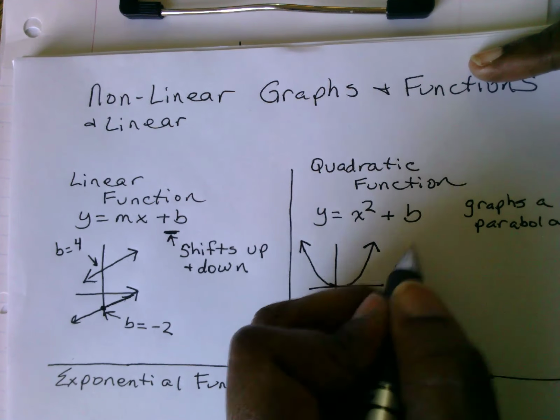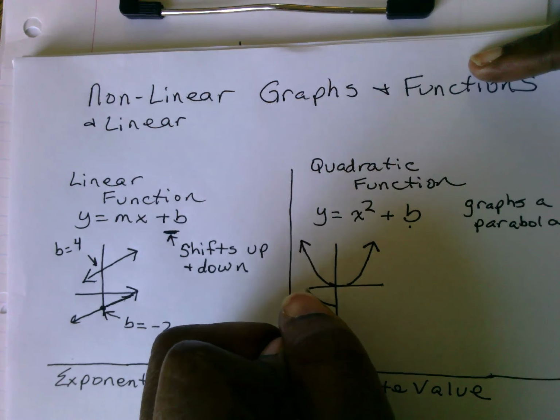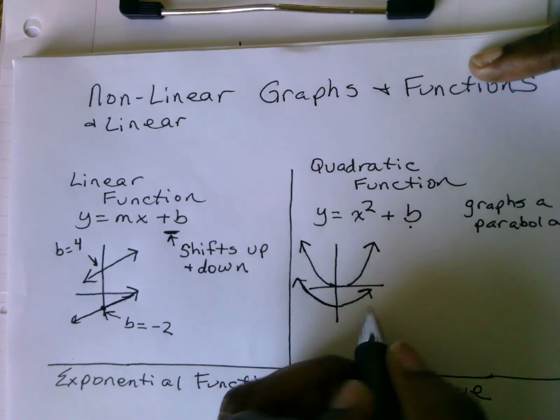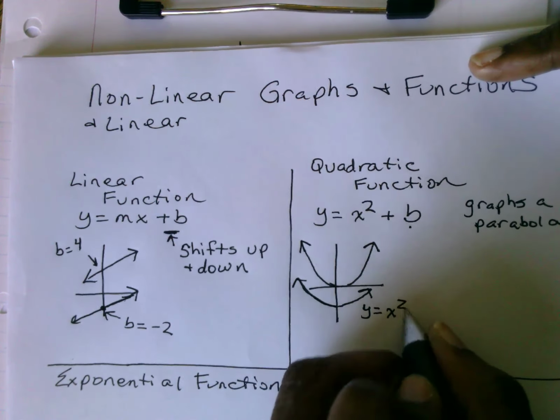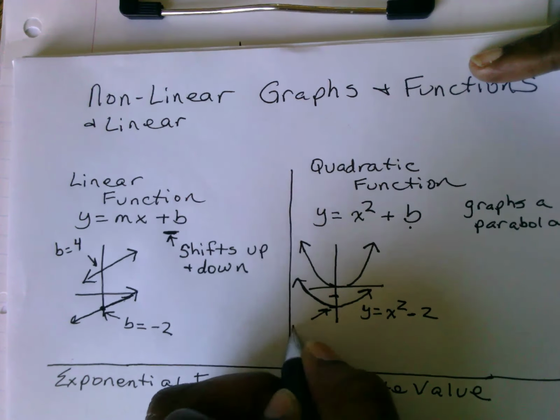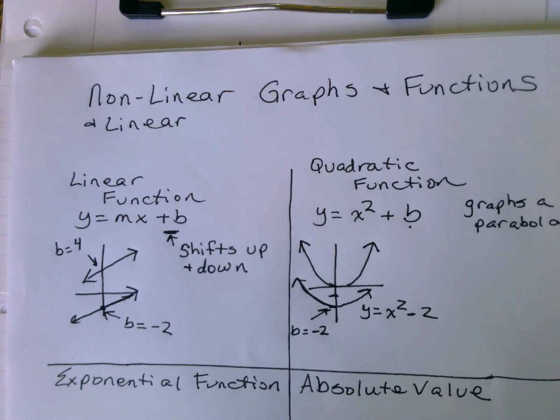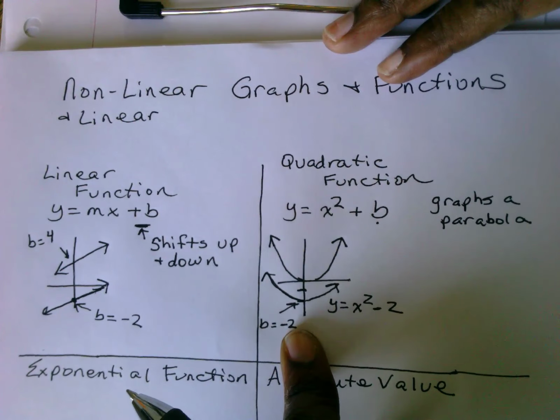If this b changes, then it can go up and down. All right, so this one will be like y equals x squared minus 2, because that b is at -2. And that says that it graphs a parabola.